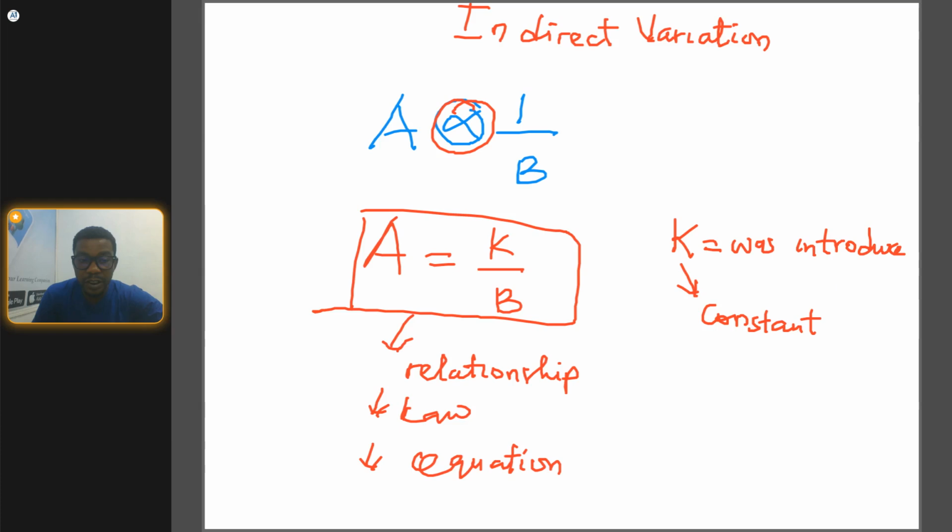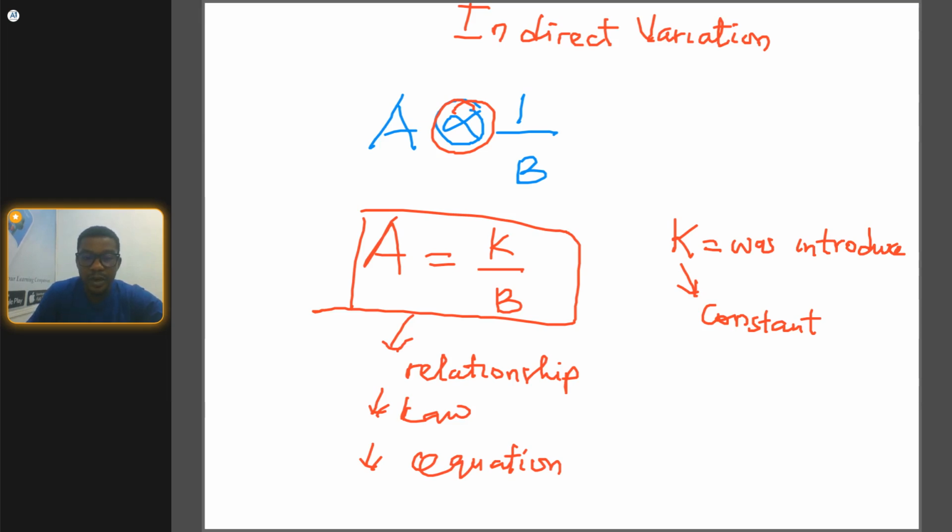Questions can say relationship, law, or equation. We are still saying the same thing. For indirect variation, this is what we are going to have as our relationship. I believe that is clear.